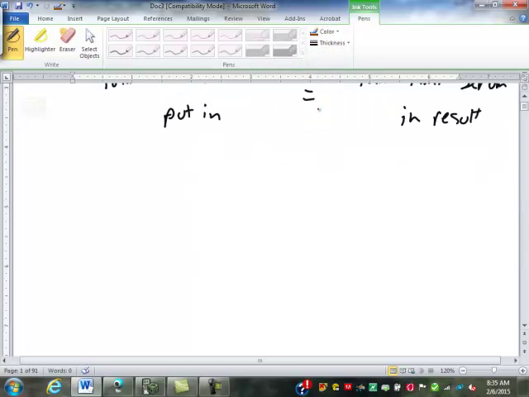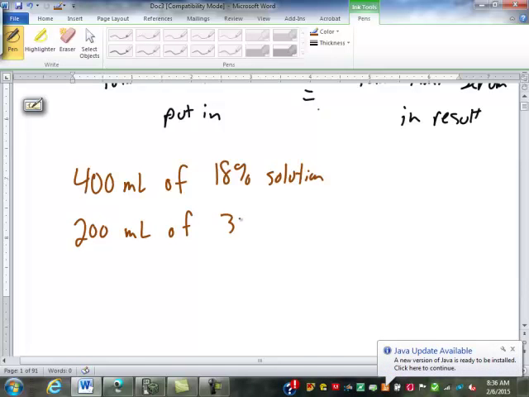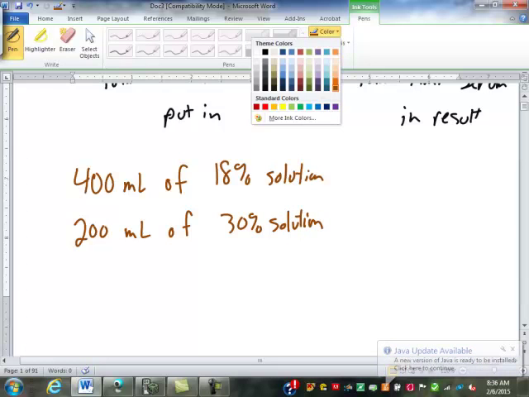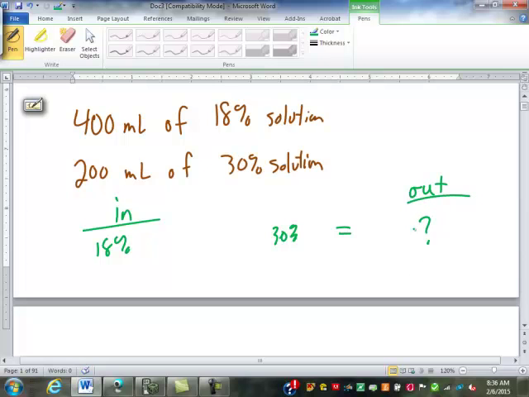So if we have 400 milliliters of 18% solution and 200 milliliters of 30% solution, to find what percent we're going to end up with, well, what's being put in? Well, we have 18% and 30%. And what is going to be coming out, or what's going to be in our result? Well, we don't know what percent that is quite yet.